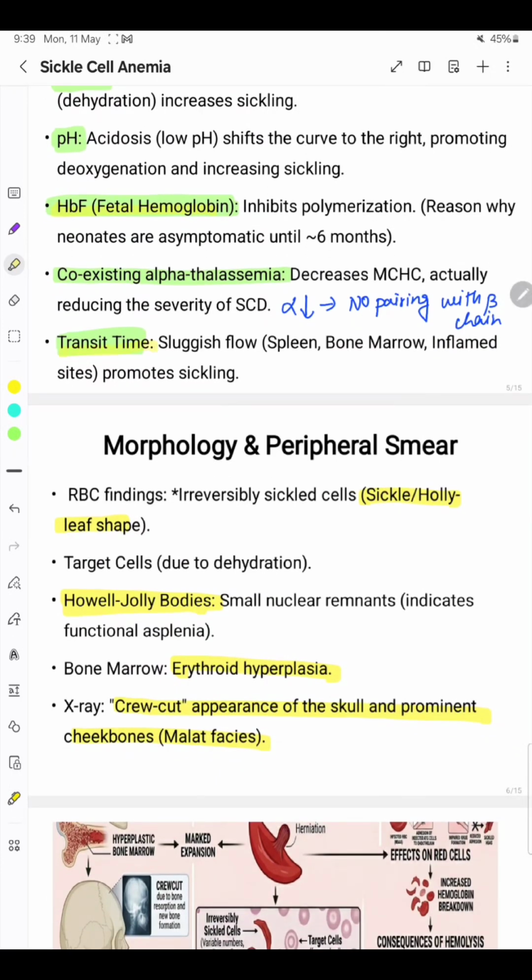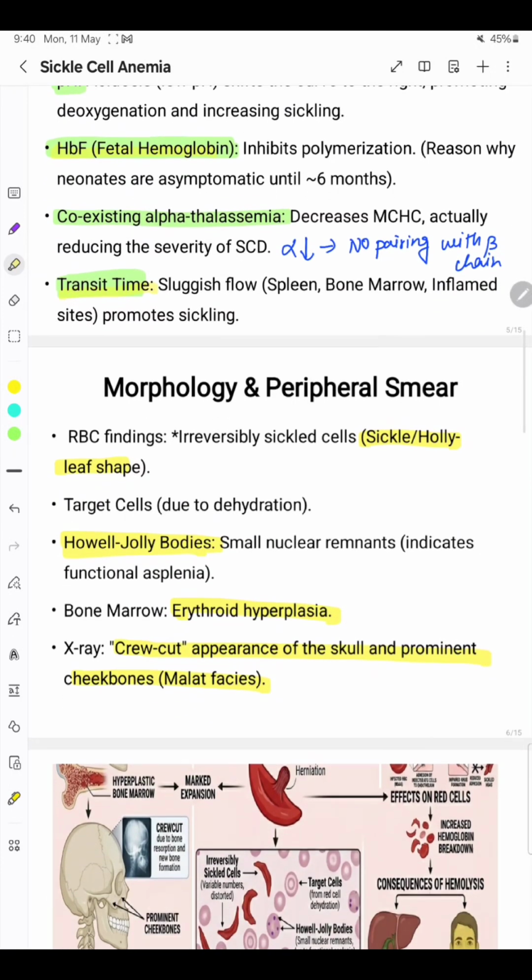Transit time: sluggish flow promotes sickling. Sluggish flow is particularly present in the spleen, bone marrow and inflamed sites. As we have discussed, sickle cells have more adhesion molecules and an increased tendency to stickiness.